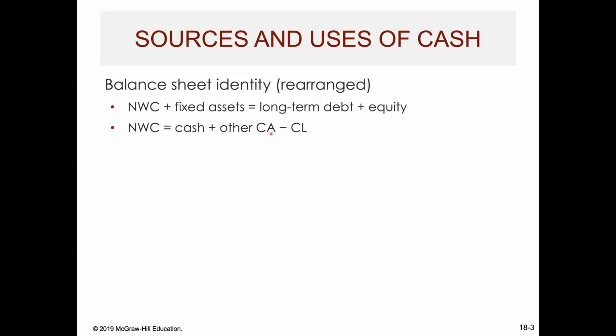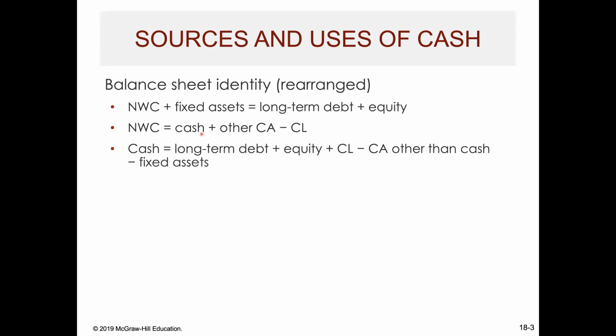So that would be all current assets, cash plus other current assets minus current liabilities. We can get cash by itself. Cash equals long-term debt plus equity plus current liabilities minus current assets other than cash minus fixed assets. So these different rearrangements may help us understand a little bit more about the way the money moves around.